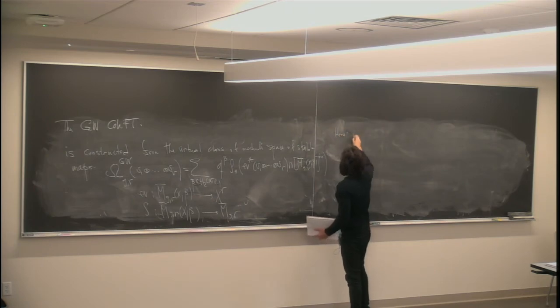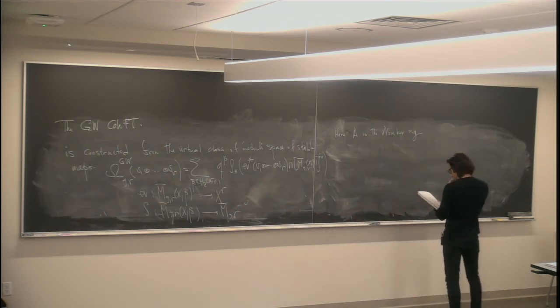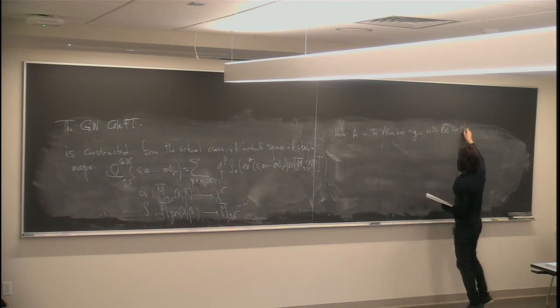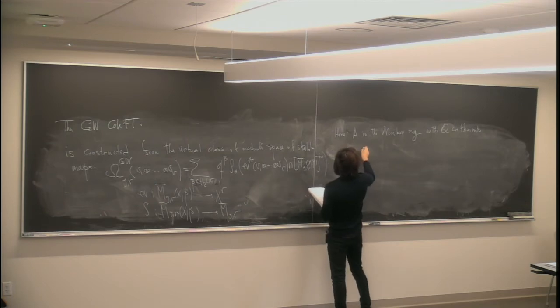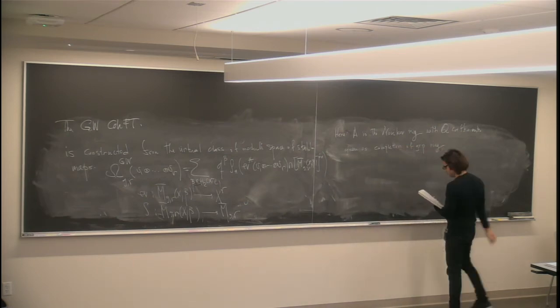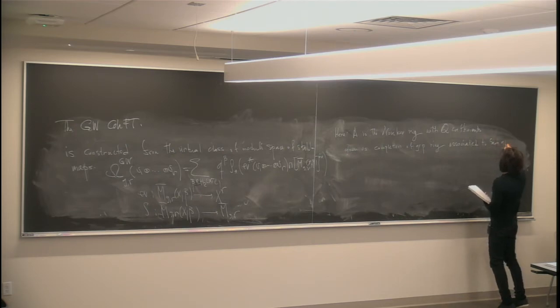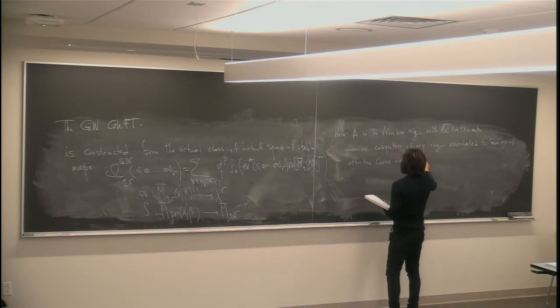Here, A is the Novikov ring with Q coefficients, given as a completion of the group ring associated to the semi-group of effective curves on X, effective curve classes on X.